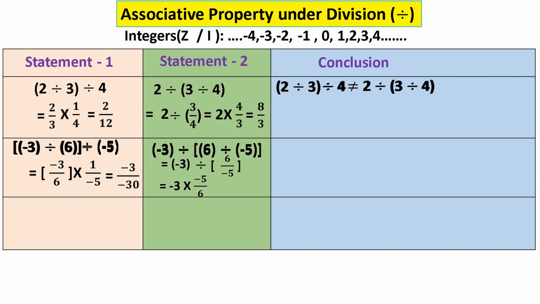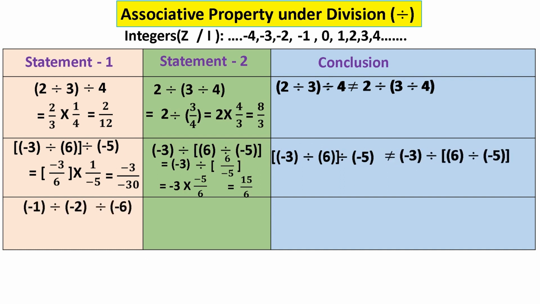Here it's minus 3 into the reciprocal of 6 by minus 5, which is minus 5 by 6. So finally we get minus 3 into minus 5, which is plus 15, by 6. In statement 1 and statement 2 we could not get the same answers. So statement 1 and statement 2 are not equal.